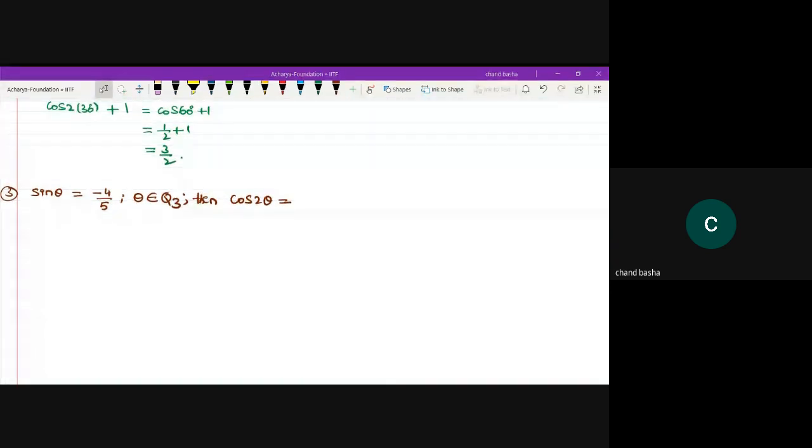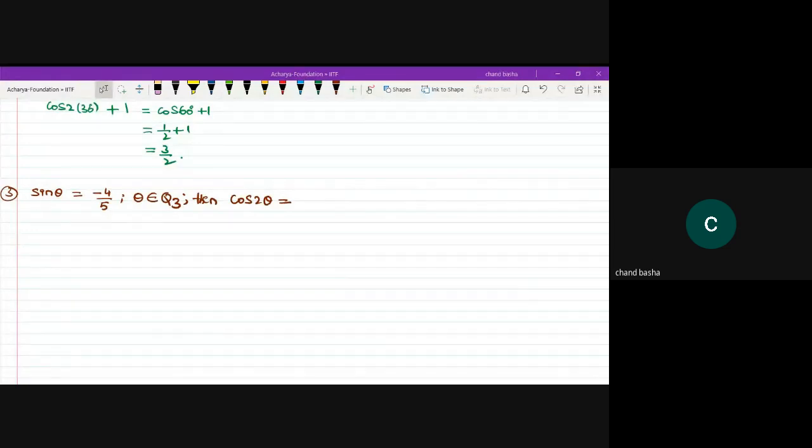How to do this, guys? Any idea? Sir, still doing, sir. Harshavardhan, 1. Sir, 7 by 25.